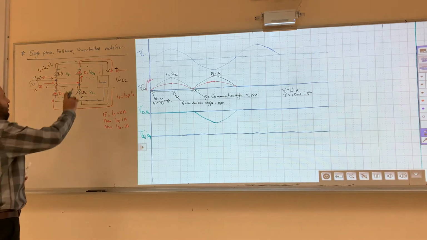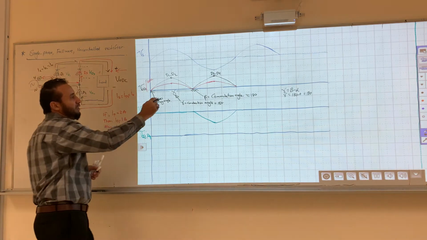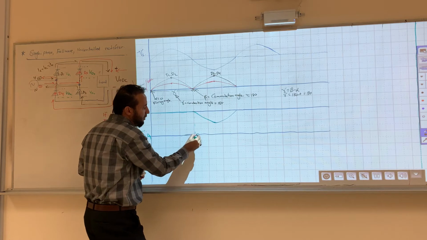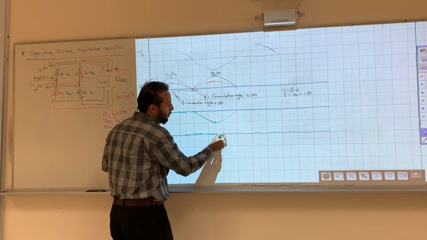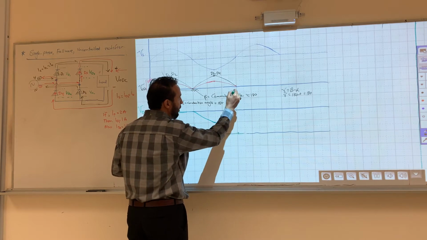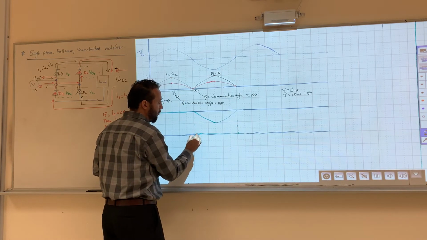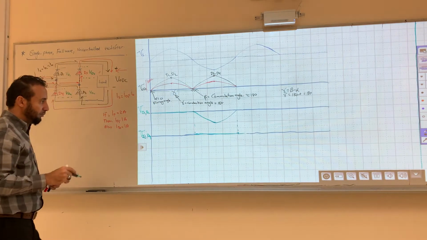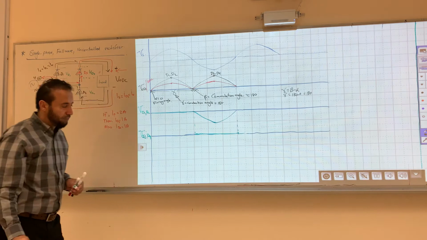So we should look at this one. This one is conducting, which in this case is 0. So I go from here, and I know that this is 0 up to this point here. What's left? What's left is this.